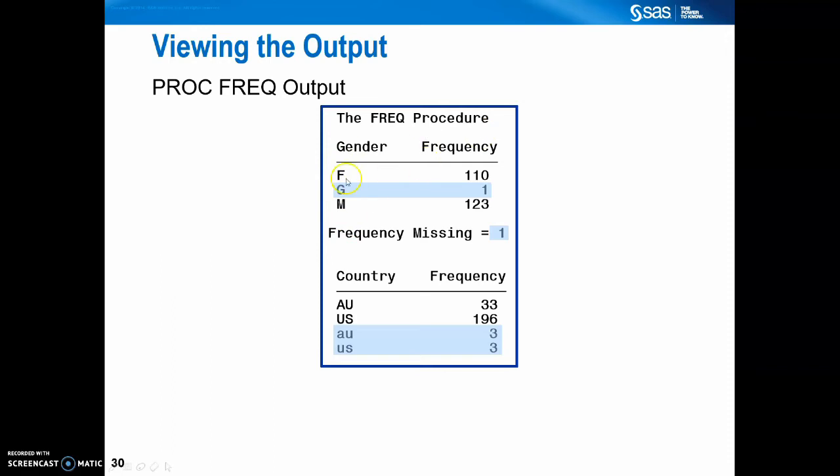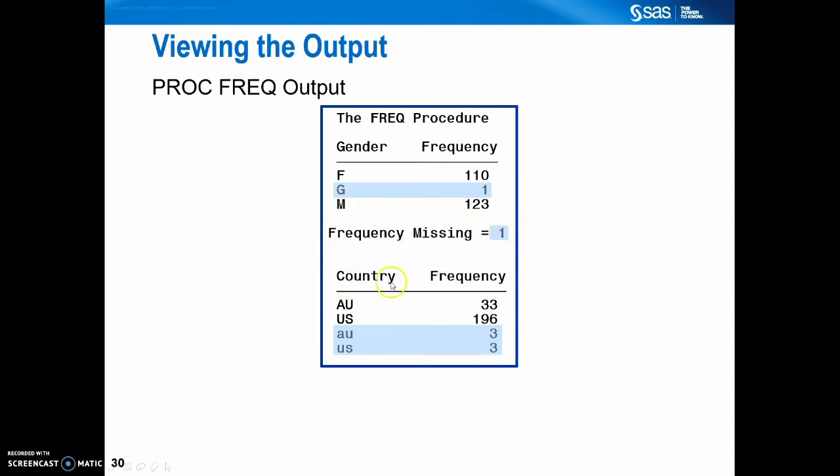So as highlighted here, G equals 1 frequency, which means we have an observation in the data set categorized with G, which is not intended in the data set. And for the frequency of the missing, we have 1 missing here.